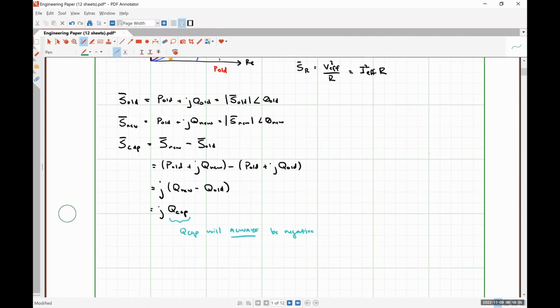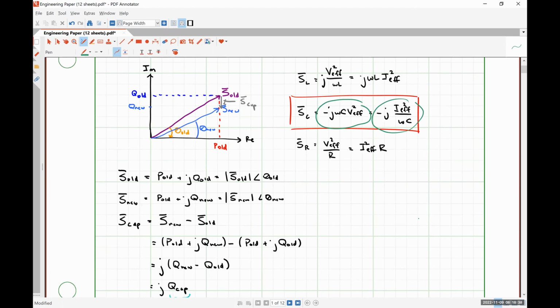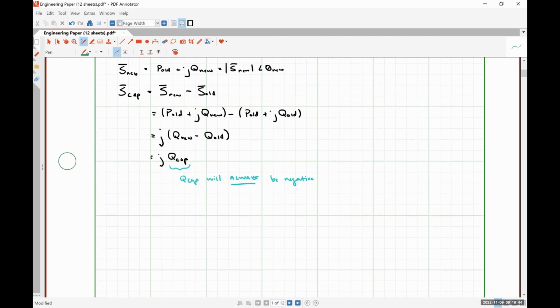So if I set S cap equal to S cap, I can then solve for C. And what I will find is that C, the capacitor needed to increase my power factor, is equal to negative Q cap.